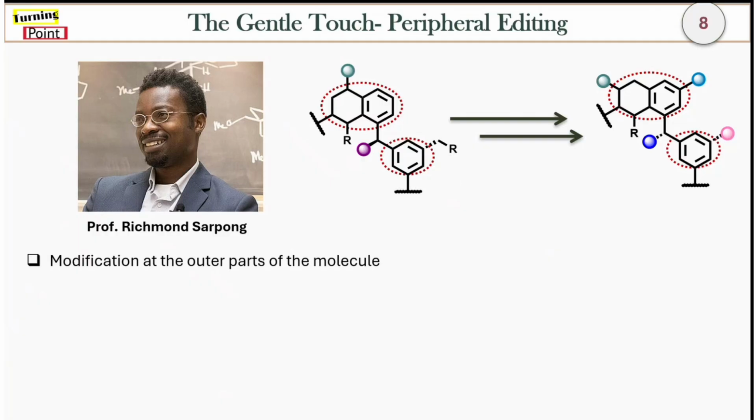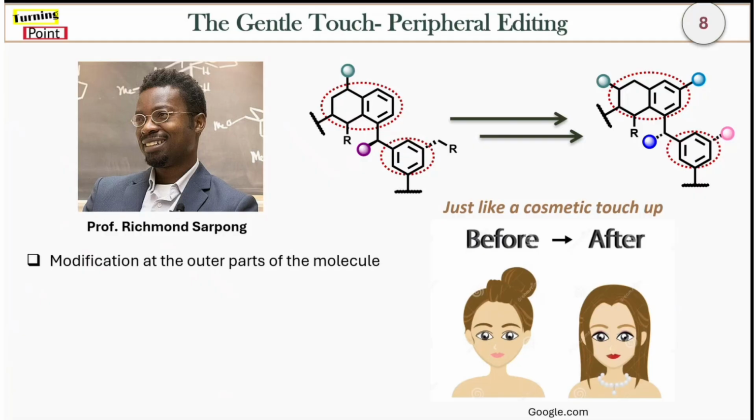In a real life example, we can say that it is just like a cosmetic touch-up. We are putting makeup on a molecule to look stylish, but underneath, both molecules have the same skeleton. So this editing changes the appearance, not the identity of the molecule.